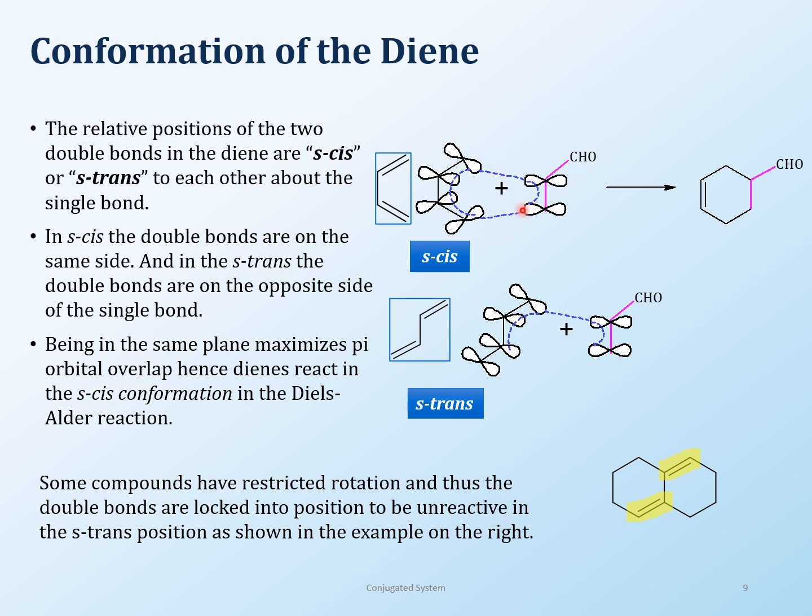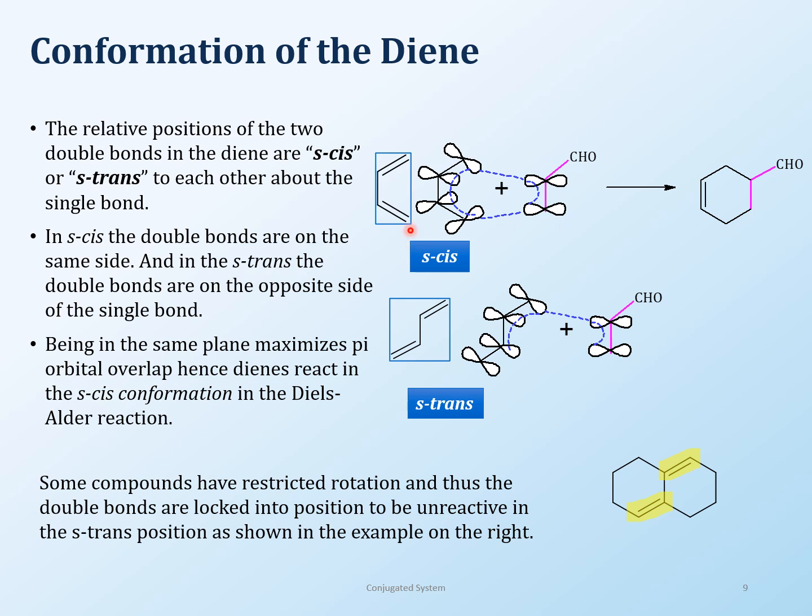I've shown you with the blue line. Now, in the case of where the double bonds are in opposite directions in the trans kind of a system, then the overlap is not possible because some of the orbitals are not in the correct orientation. So when the orientation is not correct, then you cannot have reaction, okay? So the top one is the preferred one, okay? The cis kind of a double bond is preferred.